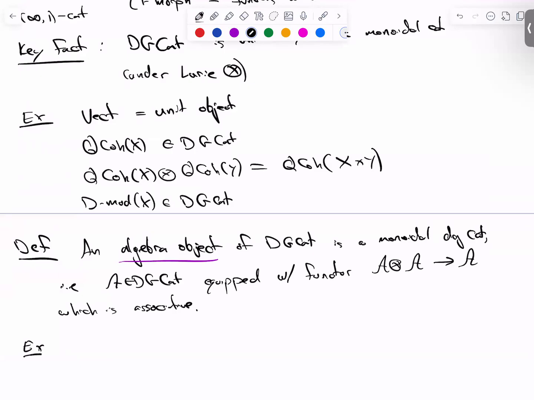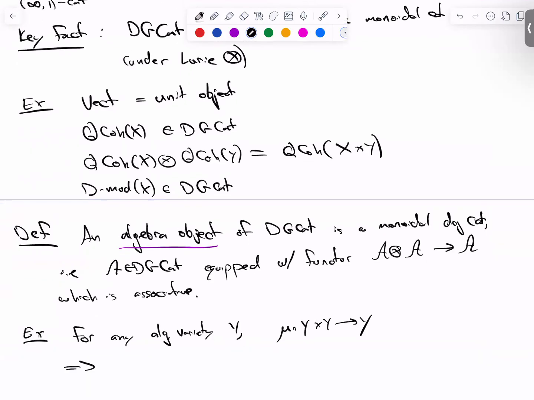So, for example, for any algebraic group, we have the product map, and this induces by star push forward a multiplication.